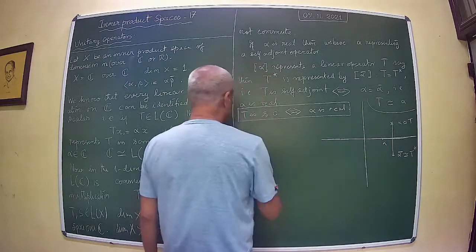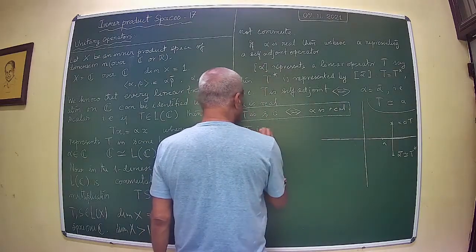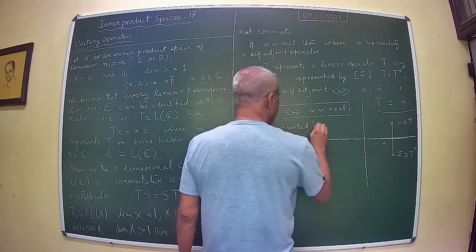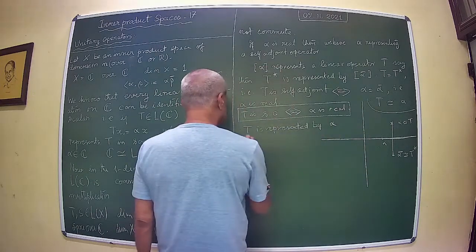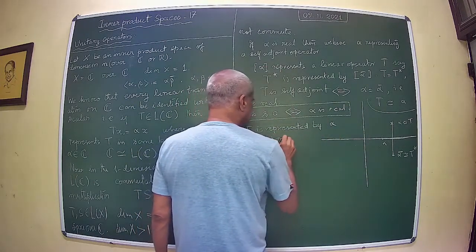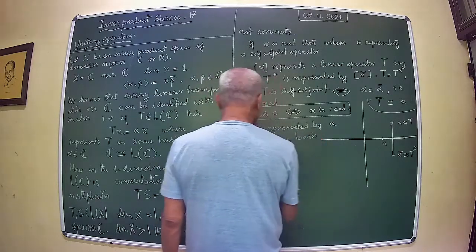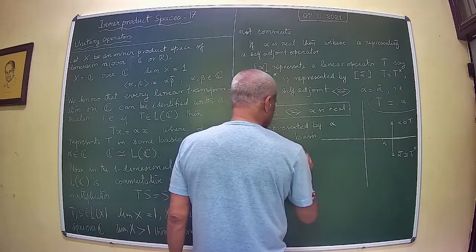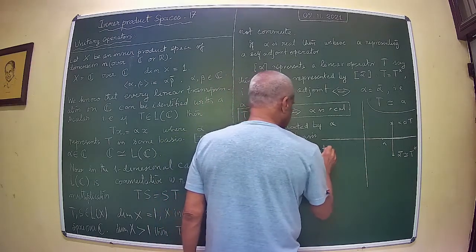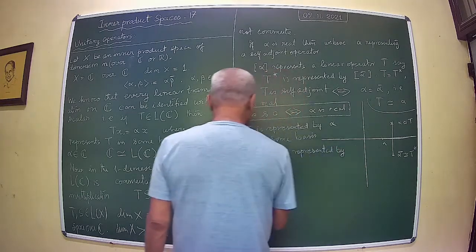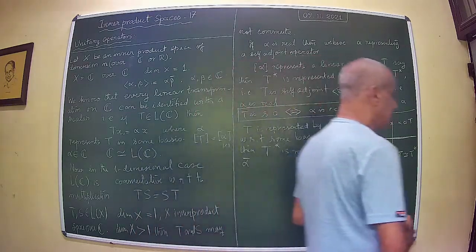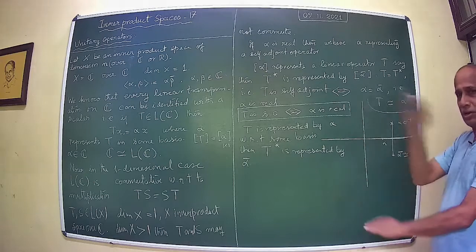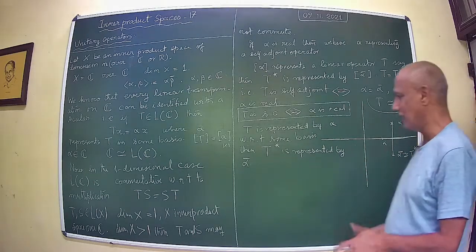So if T is represented by alpha with respect to some basis, then T star is alpha conjugate. This is the result that you have. So T star is essentially the analog of complex conjugation that you see.